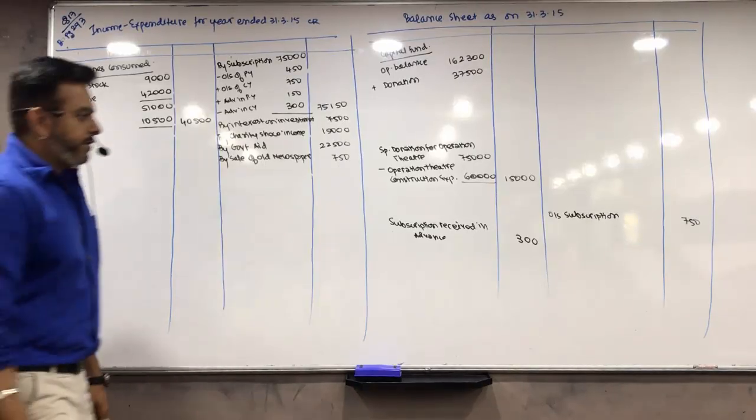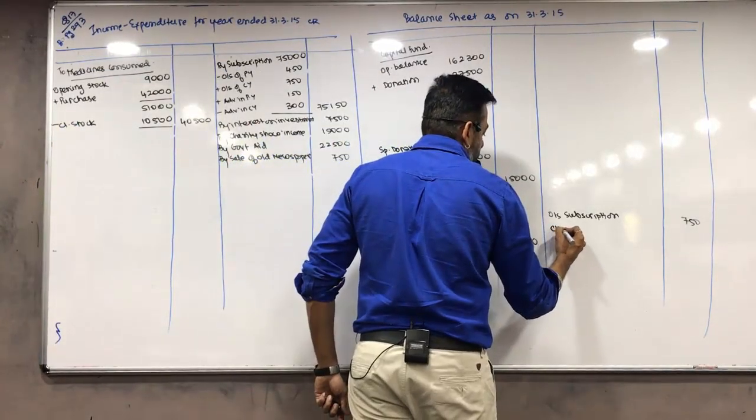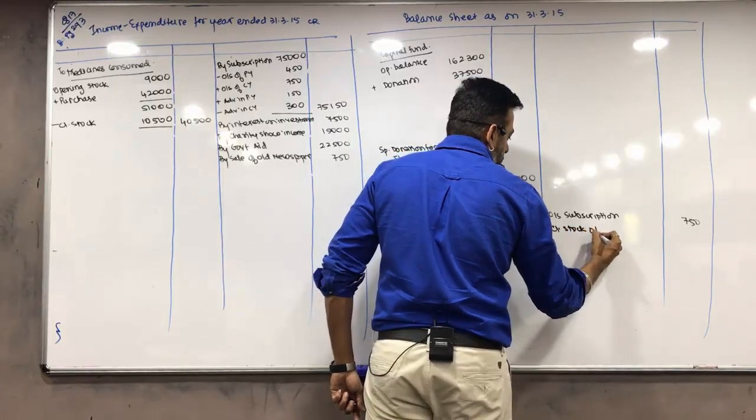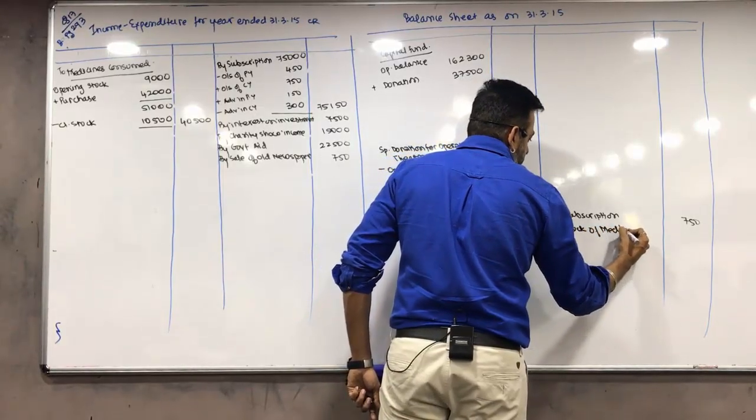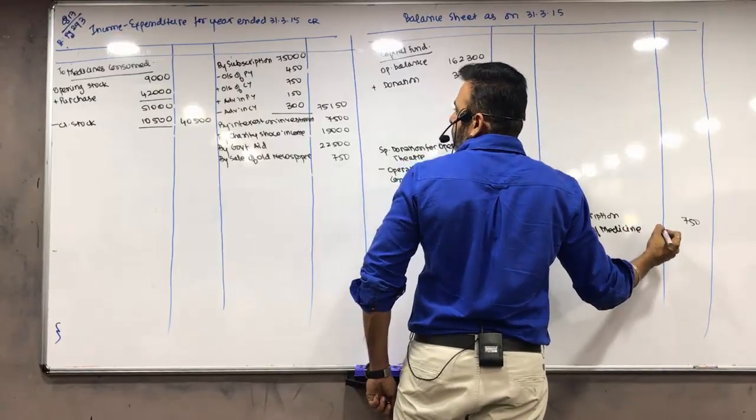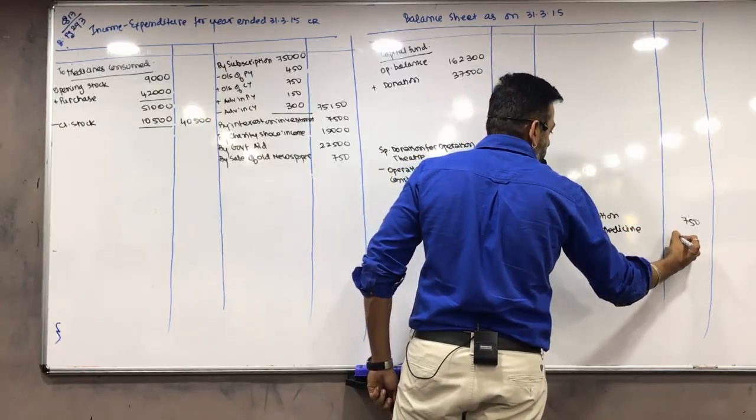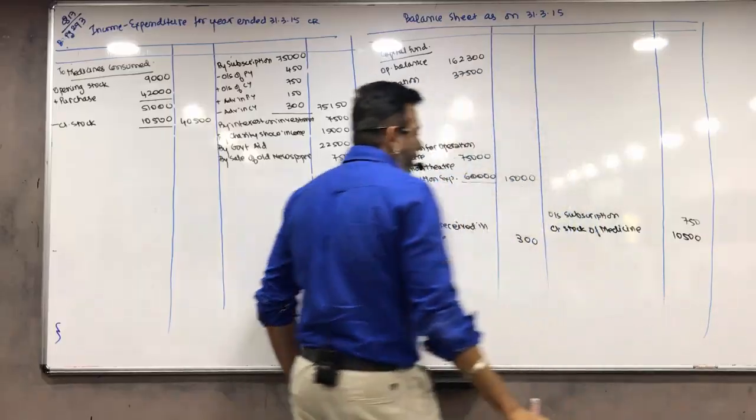Then second effect, closing stock of medicine, 10,500.